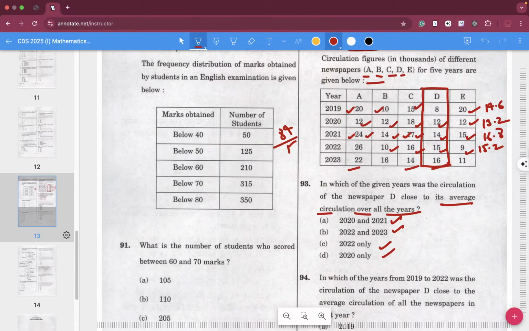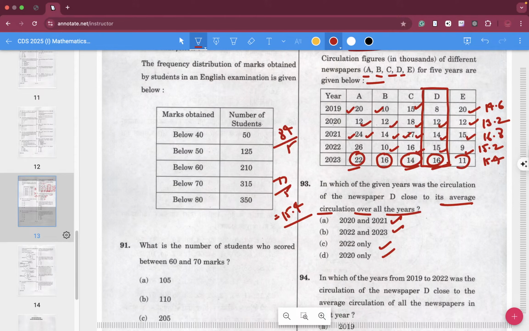Let's calculate 77 by 5 again. It is 15.4 that we have over here.